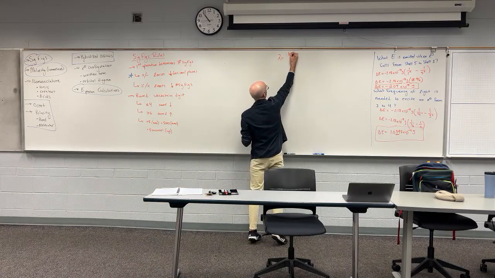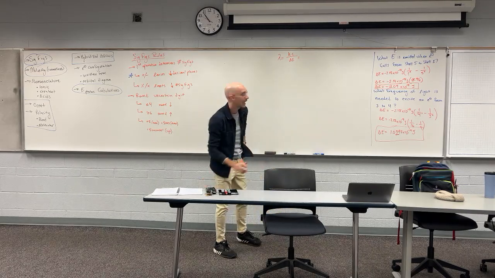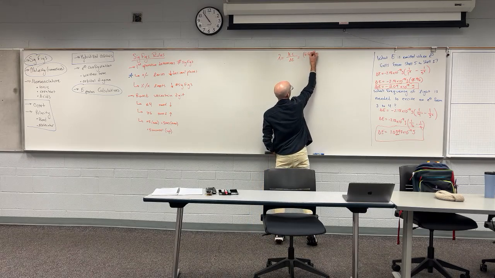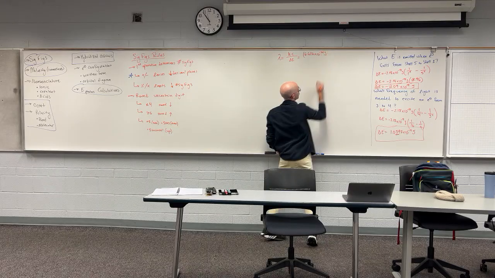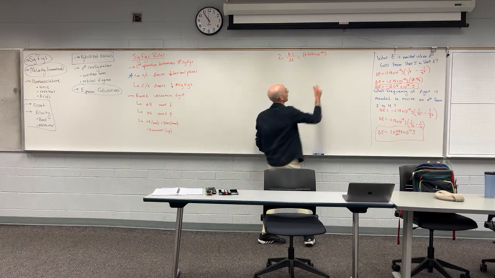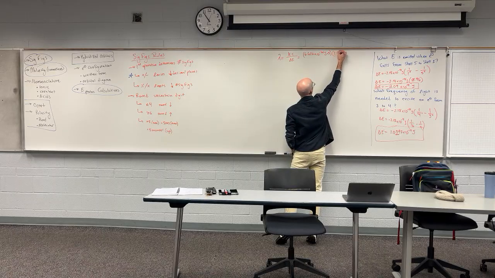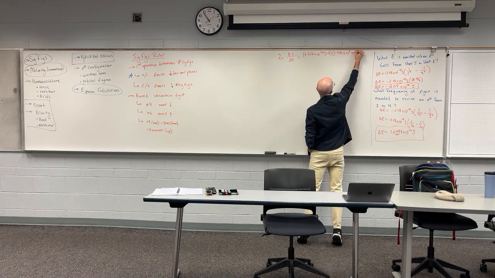Lambda equals hc over this delta E. H is given to you. You don't have to guess it. 6.626 times 10 to the negative 34 joules seconds times 2.998 times 10 to the 8 meters per second.